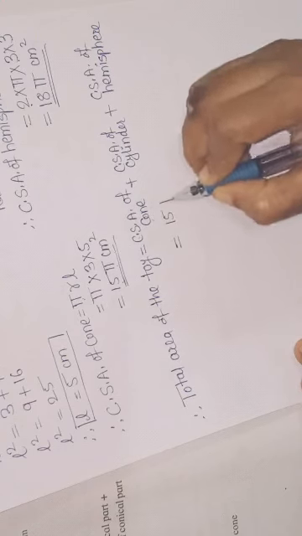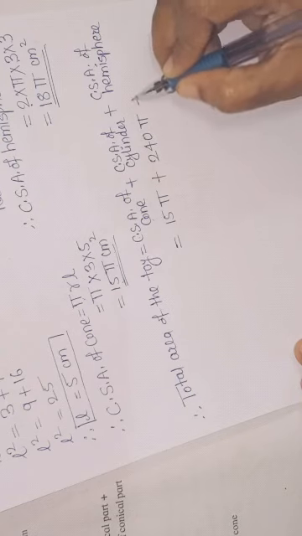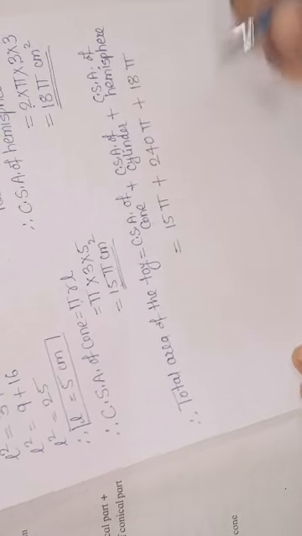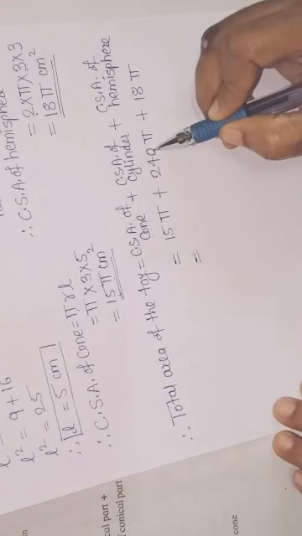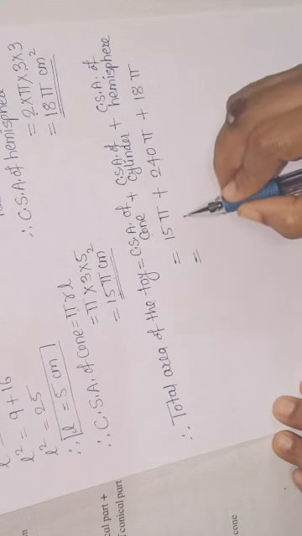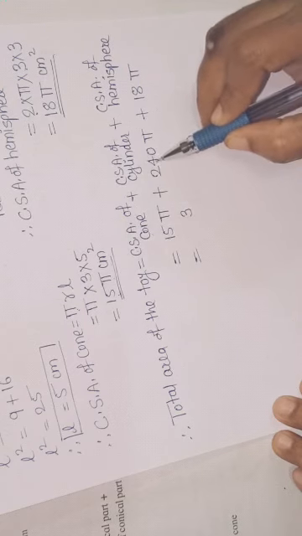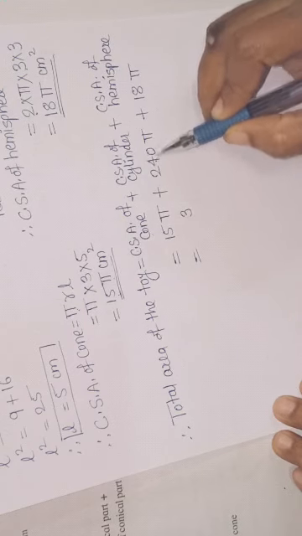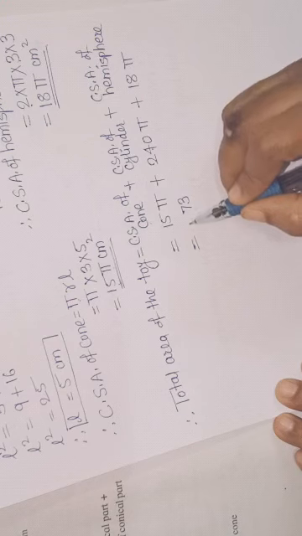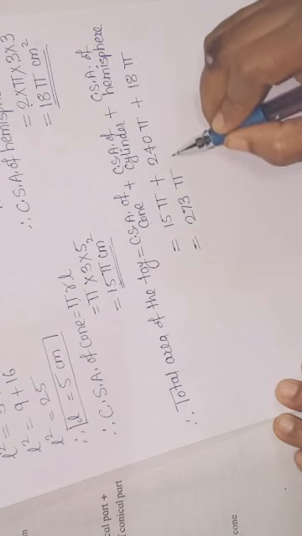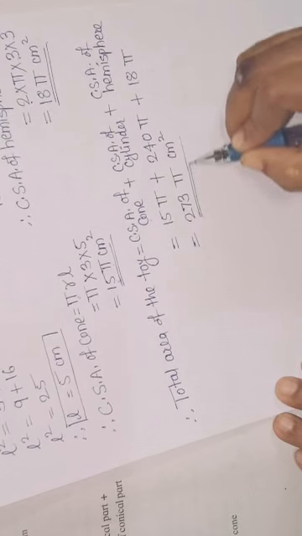So 15 pi plus 240 pi plus 18 pi. So we have to add this. 8 plus 0, 8. 8 plus 5, 13. Carry 1. 1 plus 1, 2. 2 plus 4, 6. 6 plus 1, 7. And this 2. 273 pi centimeter square. So this is the answer.